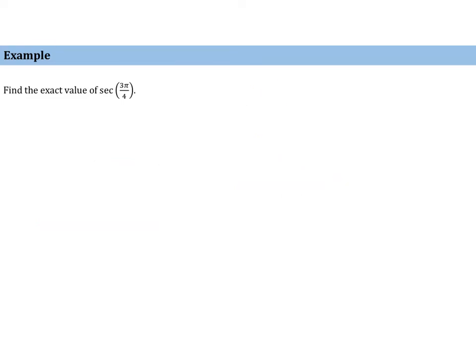So let's look at secant of 3 pi over 4. So we're just looking at 3/4. So that's not 1, and it's past a half. So that lands us in the second quadrant, with a reference angle of pi over 4.